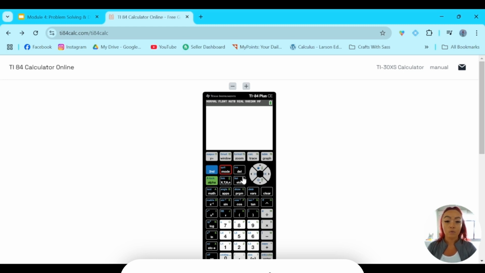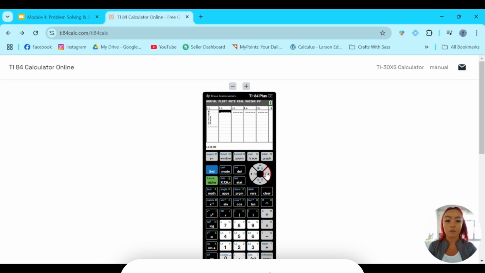So we're going to go to Stat, Edit. This time, since we had an X and a Y column, we're going to use L1 for our X values and L2 for our Y values. So in L1, we're going to put 0, 5, 10, 15, and 20.